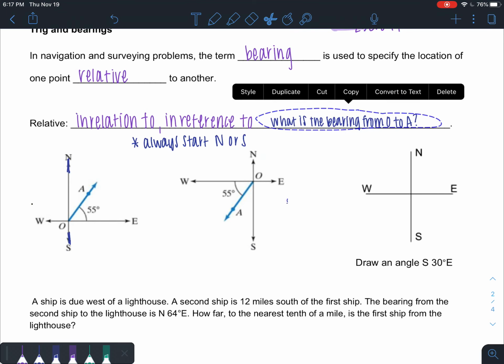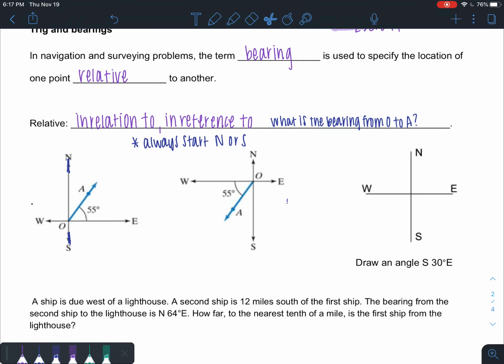Then we're going to say, okay, we're north and we want to come here. So we're going to do northeast is the angle, but what goes in between? Now we have to find this angle right here. So 90 minus 55, which is 35, gives us north 35 degrees east as that bearing.